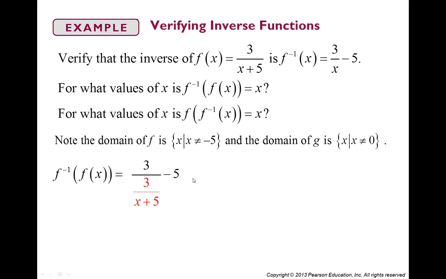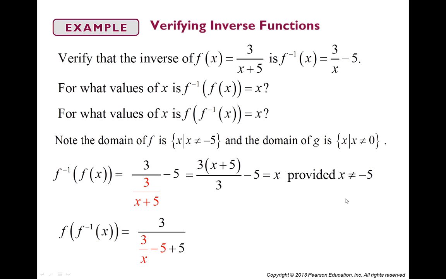So when I take out x and I put in 3 over x plus 5, dividing by a fraction is the same as multiplying by the reciprocal, so I'm going to multiply it by x plus 5 over 3. 3 and 3 cancel, and I just get x plus 5 minus 5. Plus 5 and minus 5 cancel, so I just get x, as long as x does not equal -5.